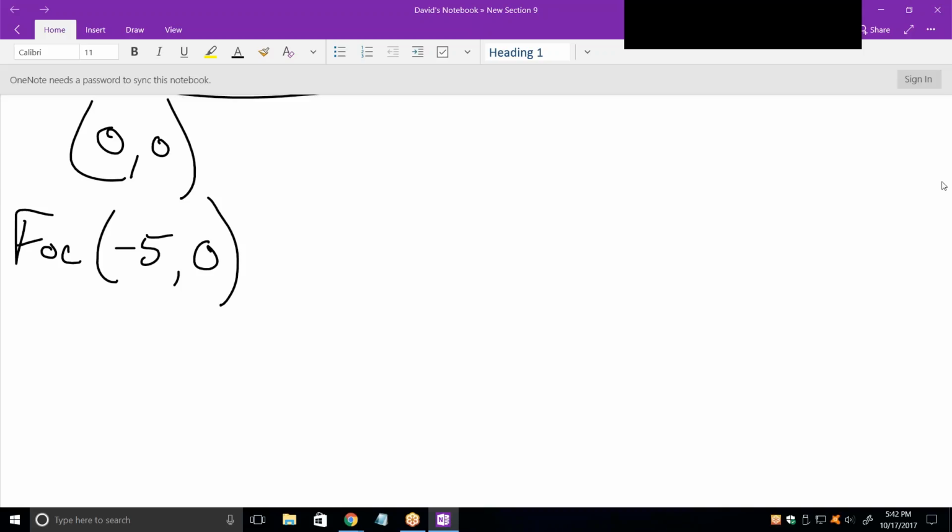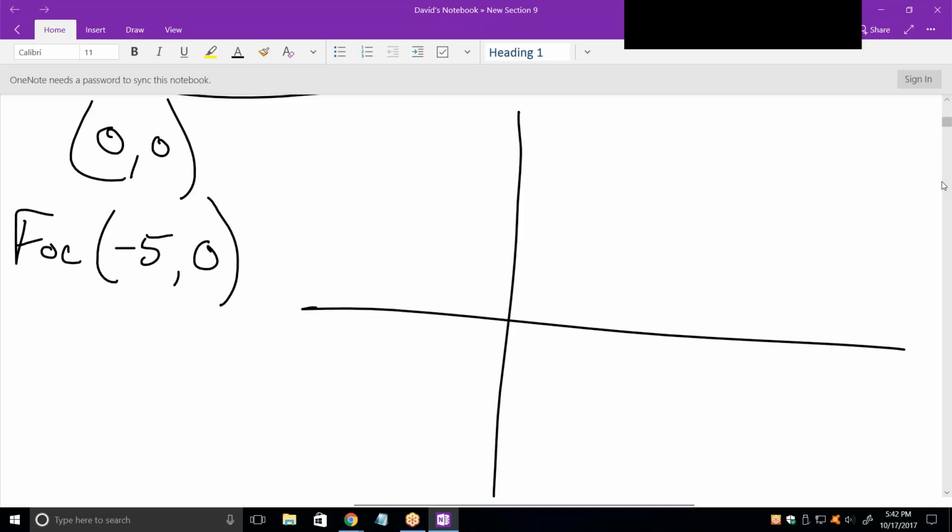The first thing we want to do is plot the focus. There's the focus, and there's the vertex. That tells you the shape the parabola has to have. It would have to open left. The focus is always inside the parabola.